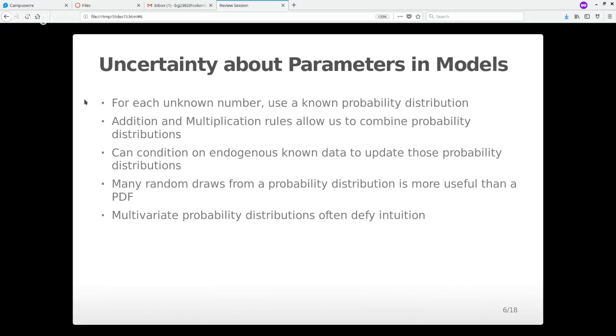Because if we have a bunch of draws, then we can evaluate functions of interest point-wise. And so we can just take the mean of a bunch of points, and that is an estimator that converges to the expectation, which is actually an integral that we might not be able to actually evaluate analytically.